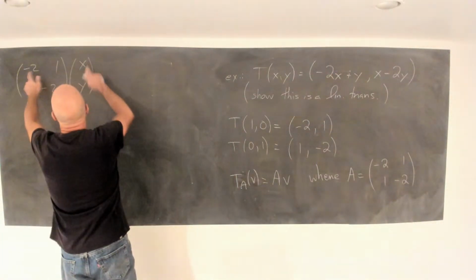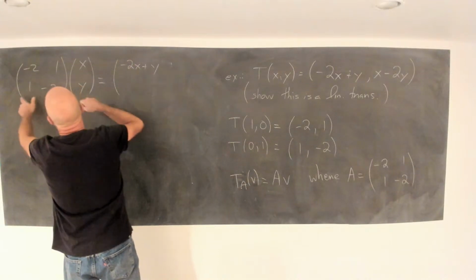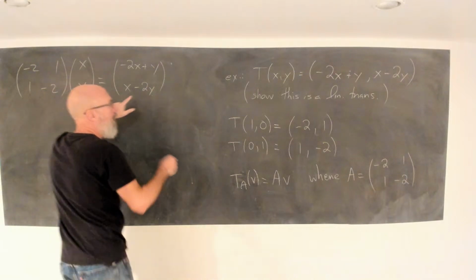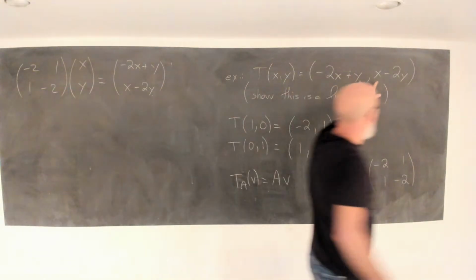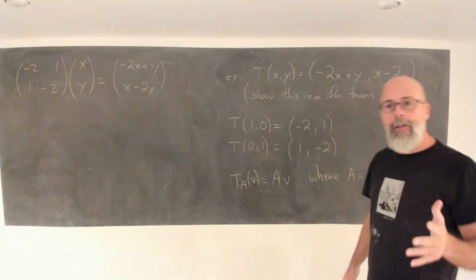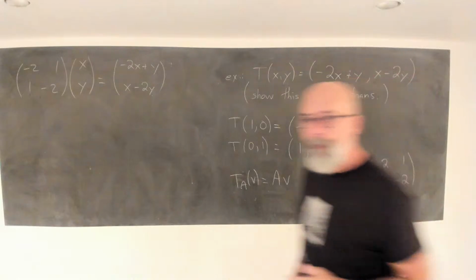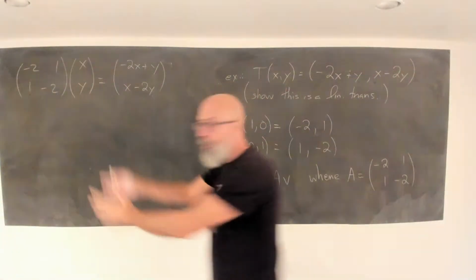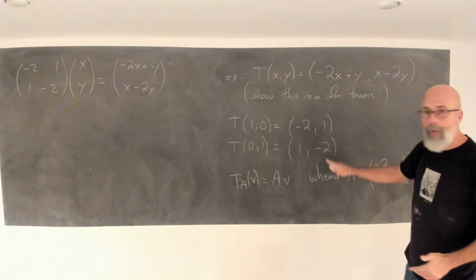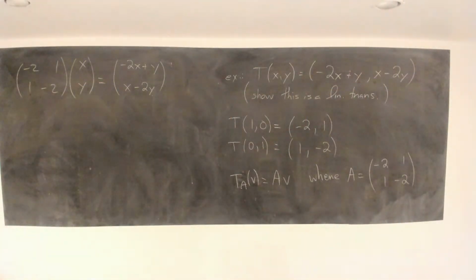Well, you get -2x plus y and x minus 2y, exactly your linear transformation. So your linear transformation really is multiplication by this matrix, the matrix we got by looking at how T acts on the standard basis.